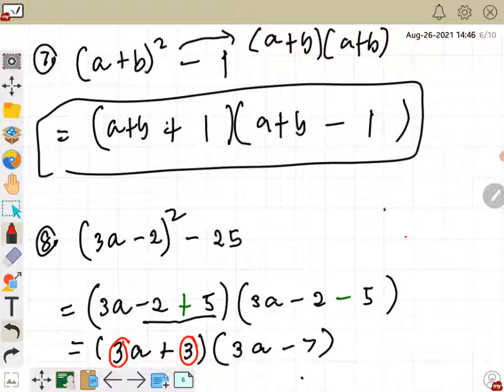So our final answer goes 3 times (a plus 1), for this one, the 3a plus 3. And since 3a minus 7 has no more common factors between its two terms, the 3a and minus 7, we will copy this one. This is our final factor.